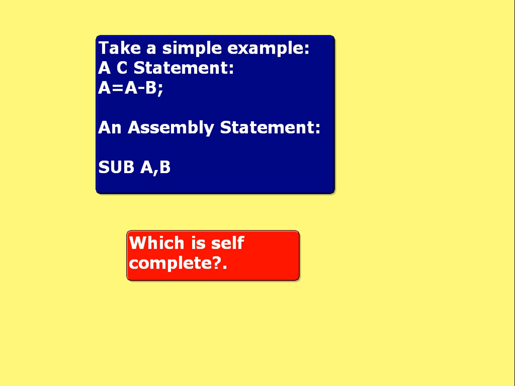It indicates directly B to be subtracted from A and the result to be stored in A. Whereas in the case of the assembly language statement, we do not know whether B is to be subtracted from A or A from B, and where to store the result, in A or in B. Thus, we say that the assembly language statement is relatively incomplete, whereas C language is self-complete. That is one of the important characteristics of high-level languages, that is, they are self-complete, and that becomes possible because of the grammar.